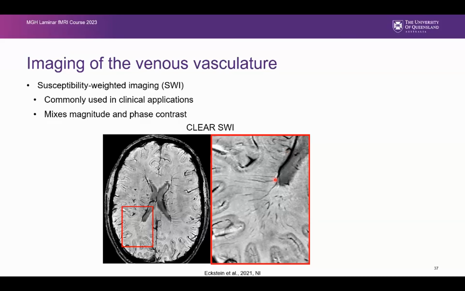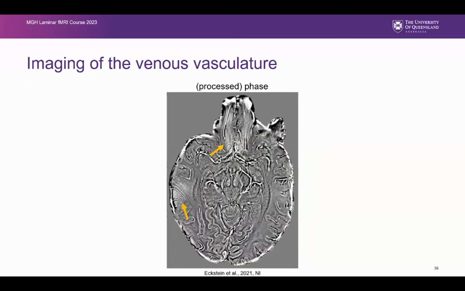You can see that the vascular contrast is actually quite nice. You can see these small veins in the gray matter, and even intracortical veins. So it's pretty good. But what it does is take this processed phase and multiply it with your magnitude image.